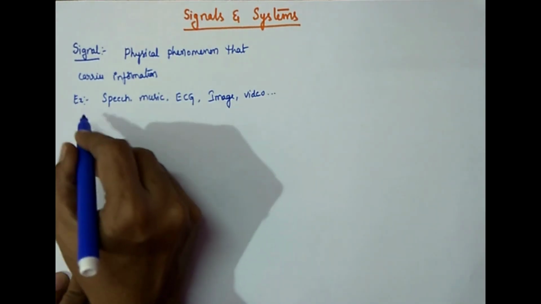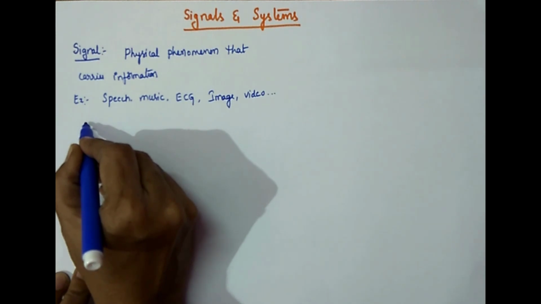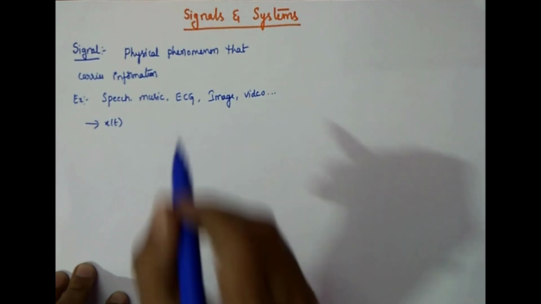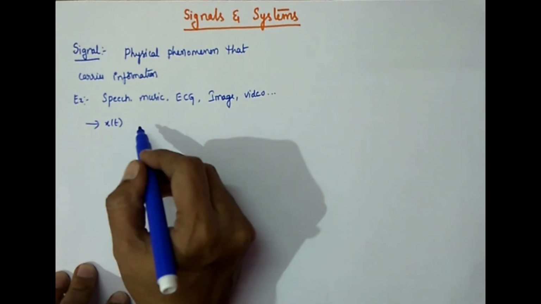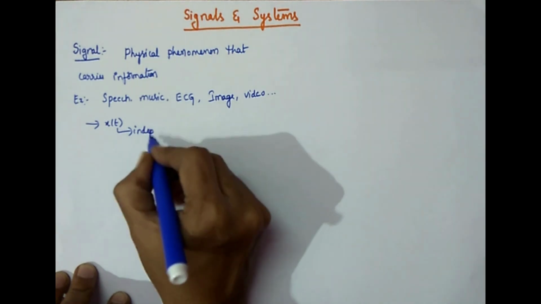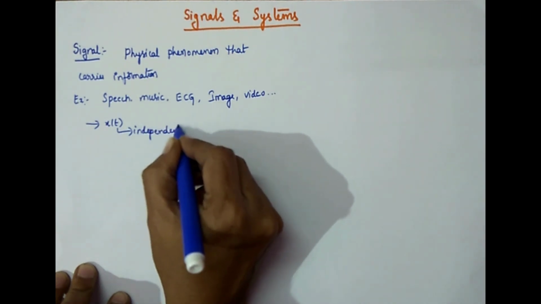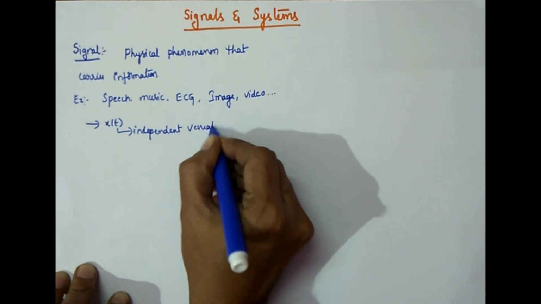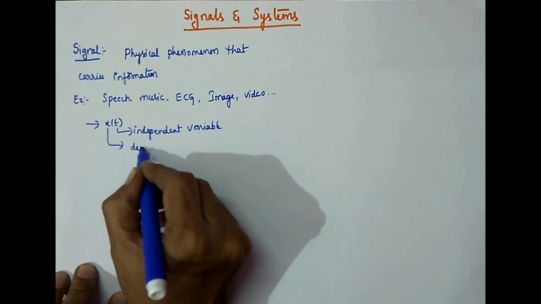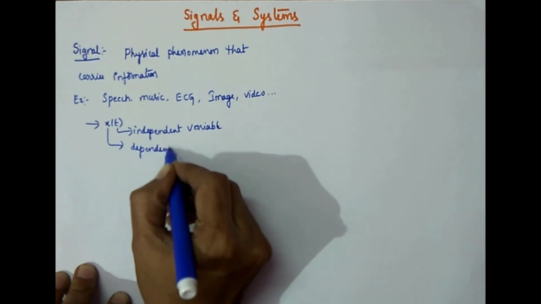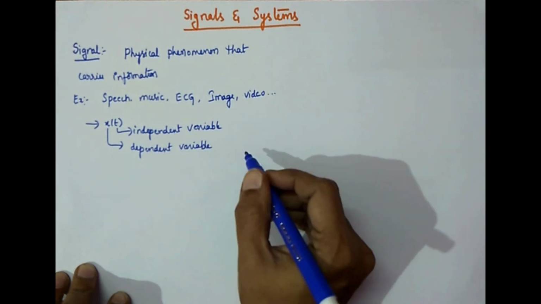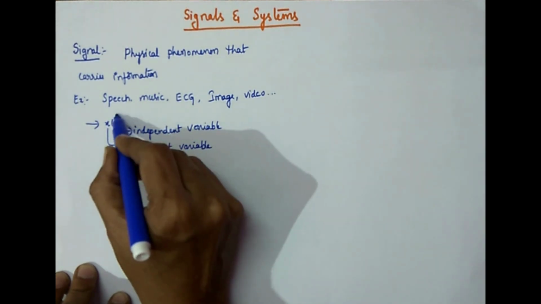The signal is generally represented by x of t. In signals and systems, it is represented by x of t, where t is called the independent variable and x is called the dependent variable. What is t?